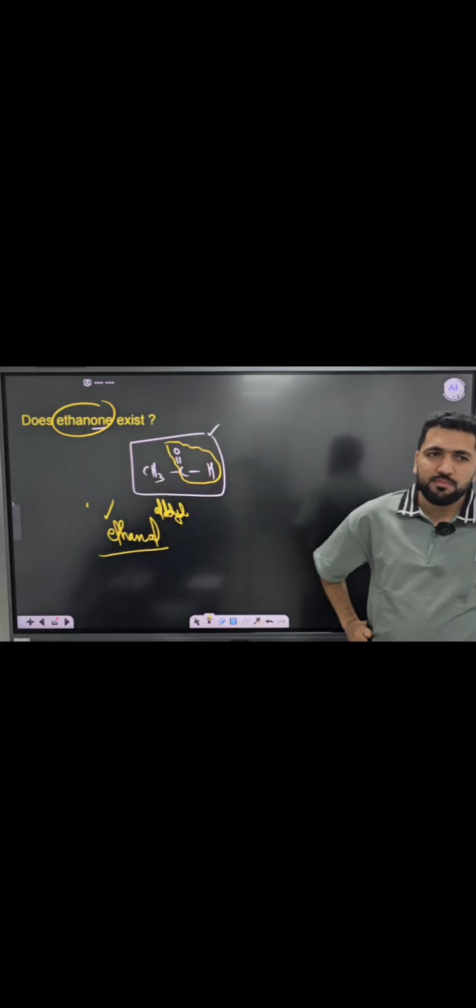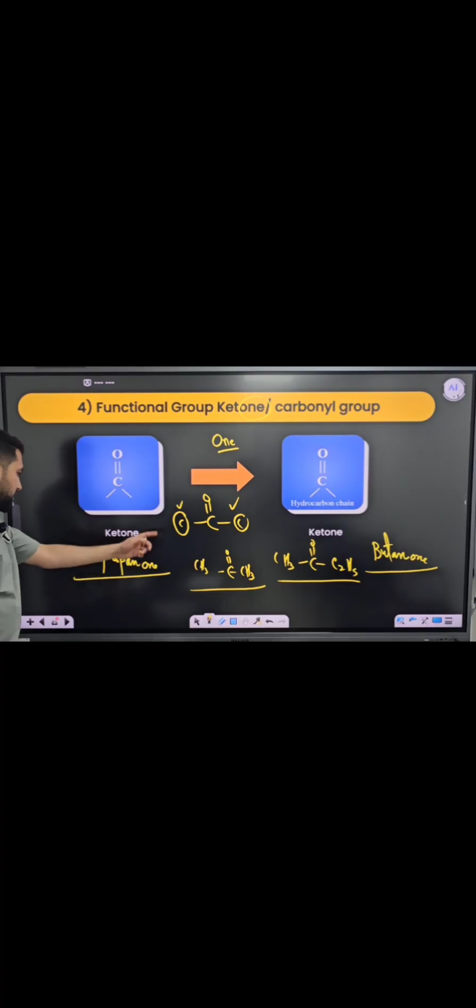So 2 carbon means ethane, ETHANE. Replace E with Al, so it is ethanal. We are trying to make ethanone, but we got ethanal, right? Even if we put H here, CH3 here, it's one and the same thing. I hope the idea is super duper clear, guys. So does ethanone exist? No. We tried to make ethanone, but we got ethanal. That's why the simplest ketone is propanone, right? This is the simplest ketone.